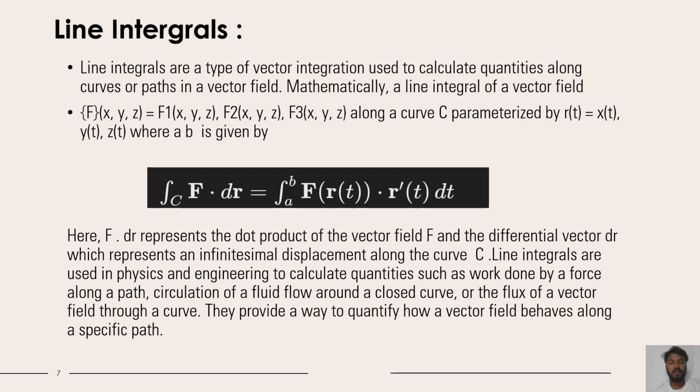Here F dot dr represents the dot product of the vector field F and the differential vector dr, which represents an infinitesimal displacement along the curve C.